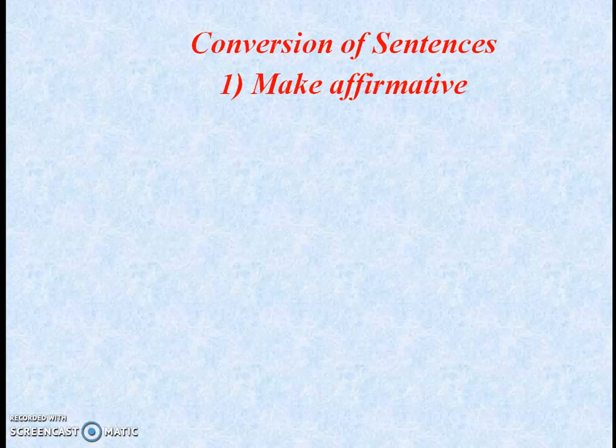Assertive type of sentence is a type of sentence which contains a subject, then verb, then other parts of a sentence and full stop. I will repeat once again. Assertive sentence, that is a statement.